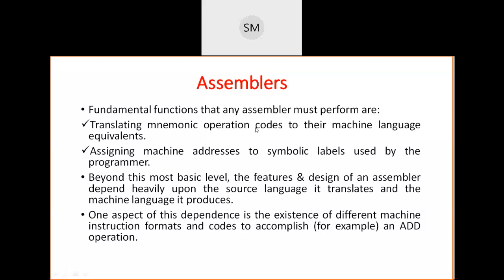The first column contains the opcode, actually an operation code. The second column is the operand column. That opcode is nothing but the mnemonic instruction. That instruction we first have to translate into its machine language equivalent.